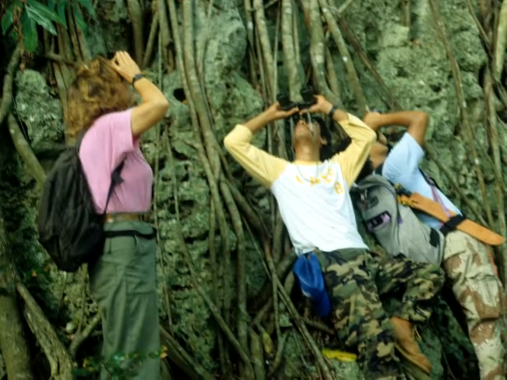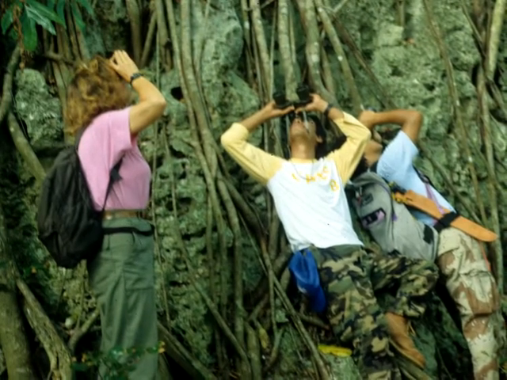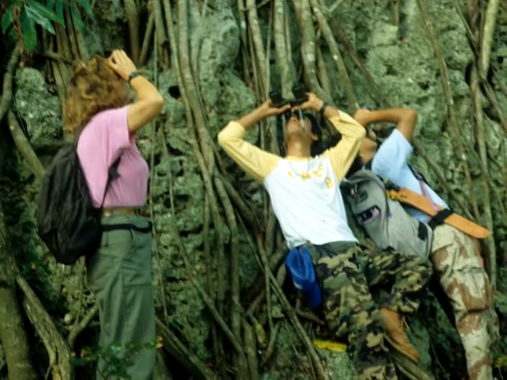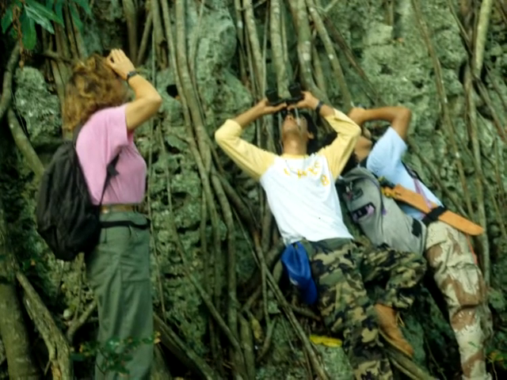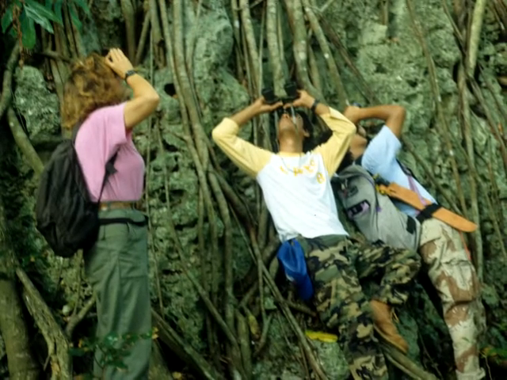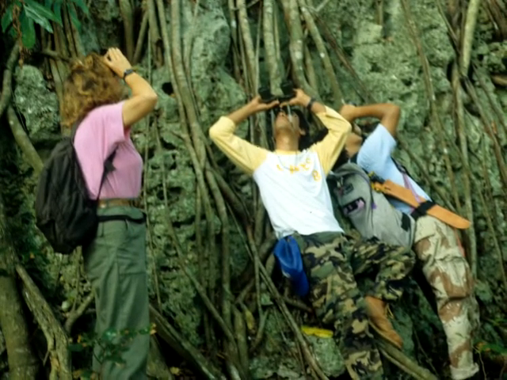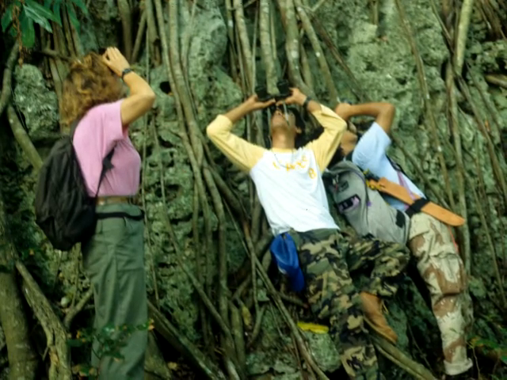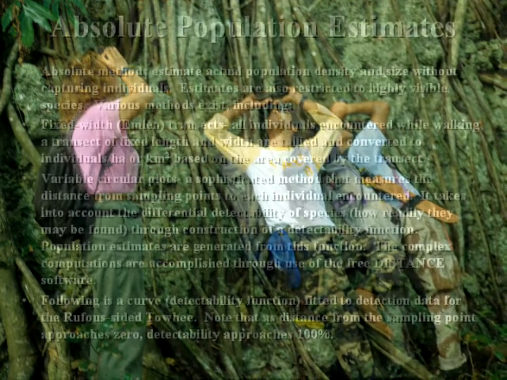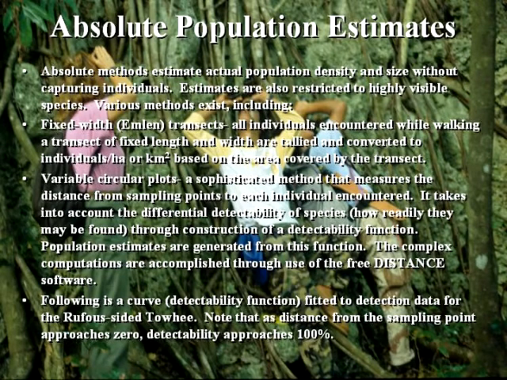It's a rather difficult procedure to employ, so usually only professionals, people with a great deal of experience in this sort of thing, make use of this procedure. So once again, absolute population estimates are those that are involved in estimating actual population density in a technique that does not involve capturing and marking individuals.